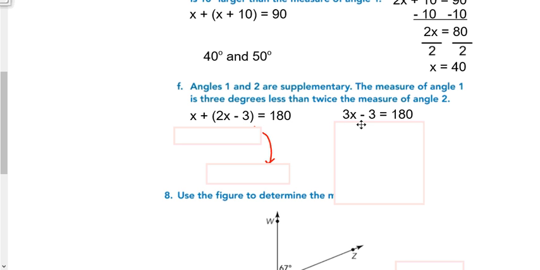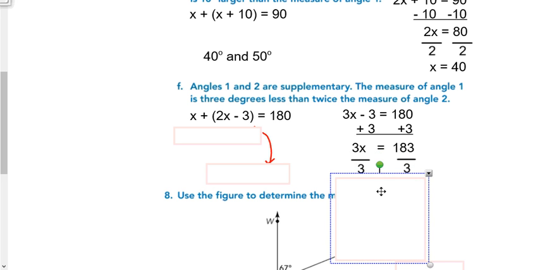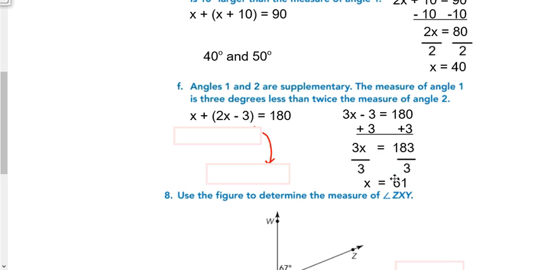So you add 3 to both sides. So 3x minus 3 plus 3. You're left with 3x only on the left side, which is equal to 183. You divide both sides by 3, and you get x is equal to 61. Now that you have 61, you just plug it back in. So 61 is one of the angles.